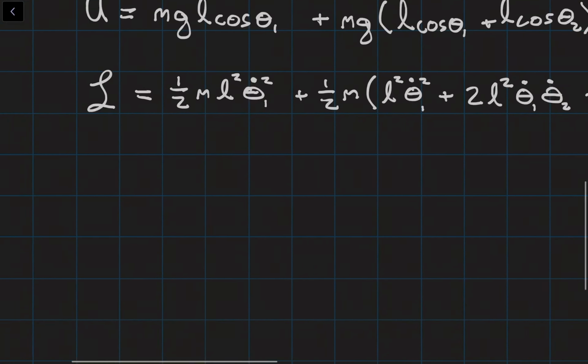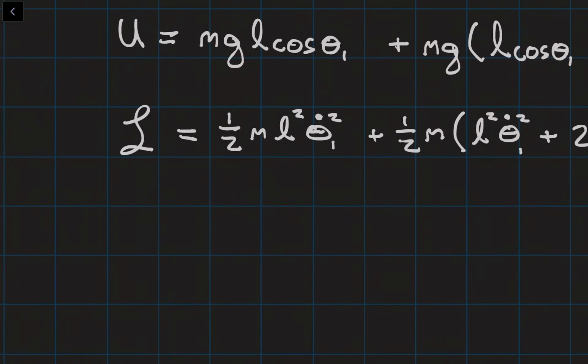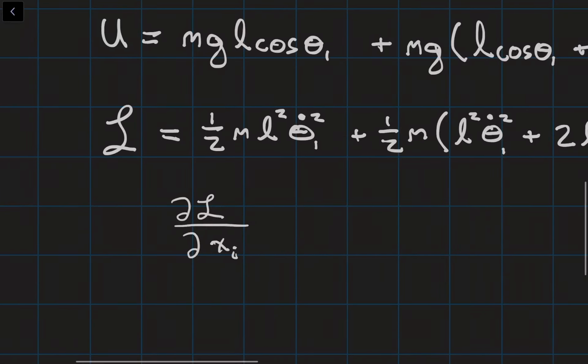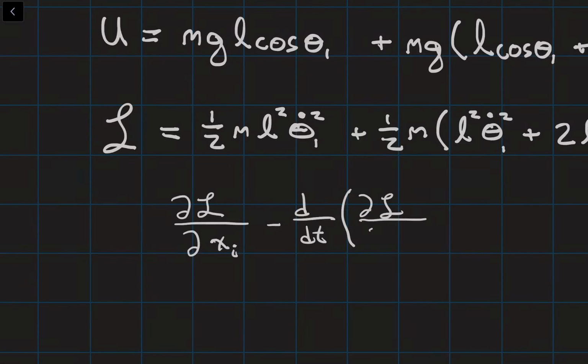The way that you do this is use the Euler-Lagrange equation. I'll show you what that is in a general sense. We say that the partial derivative of the Lagrangian with respect to our ith generalized coordinate minus the time derivative of the partial derivative with respect to our ith generalized coordinate's time derivative is equal to 0.